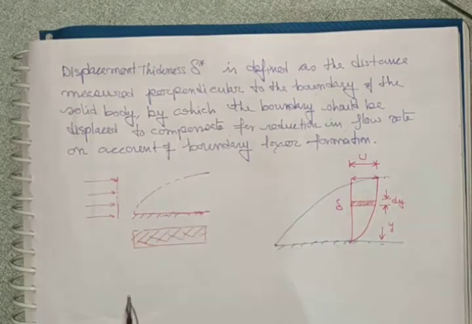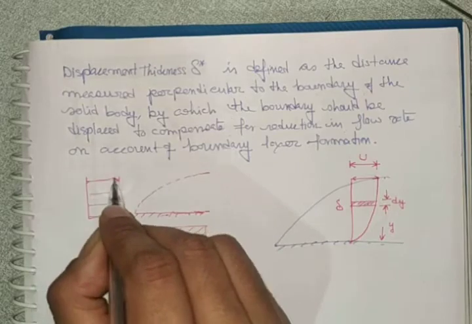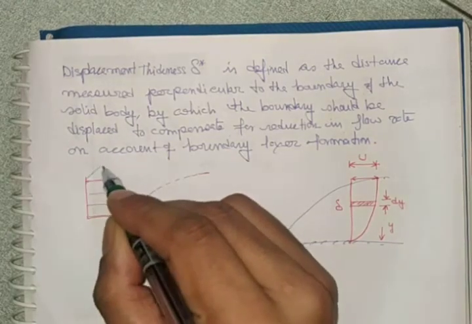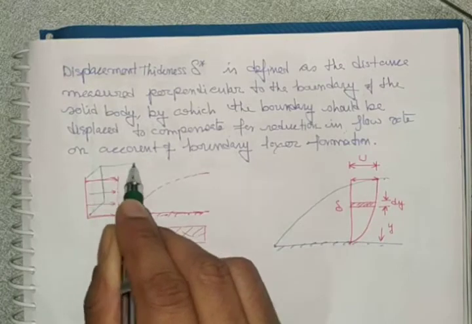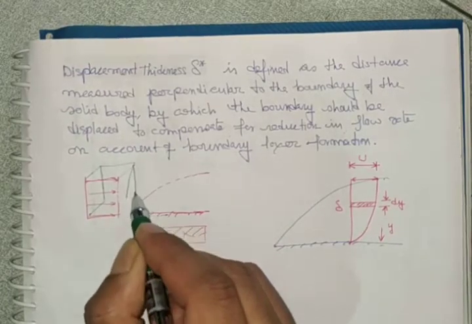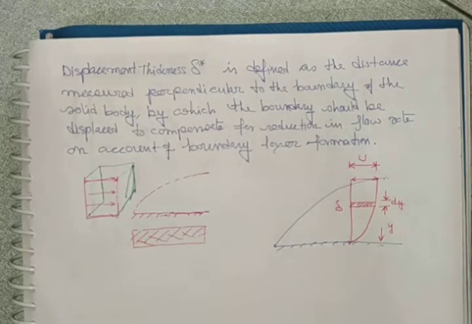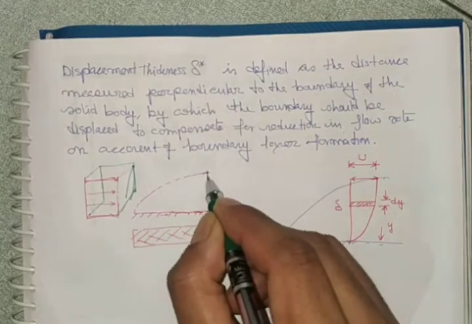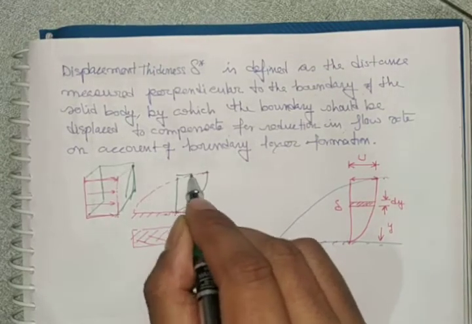So here, this is the situation. Suppose it can be written this way in a different color. So this is the situation, and here we are considering one boundary layer like this.